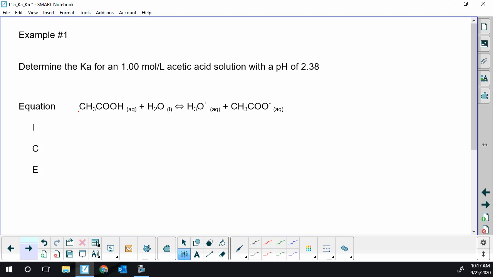So there's the acid, there's the conjugate of the acid, acetate. Our other conjugate pairing is the hydronium water pairing. I'm going to use moles per liter for my ice table.